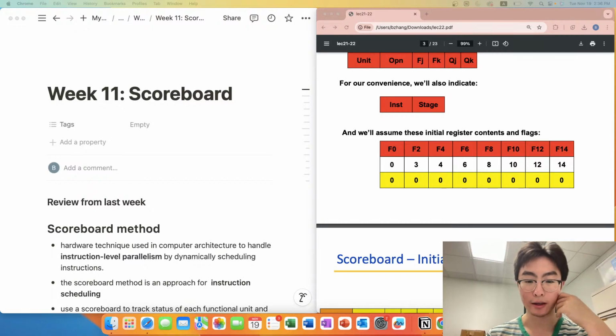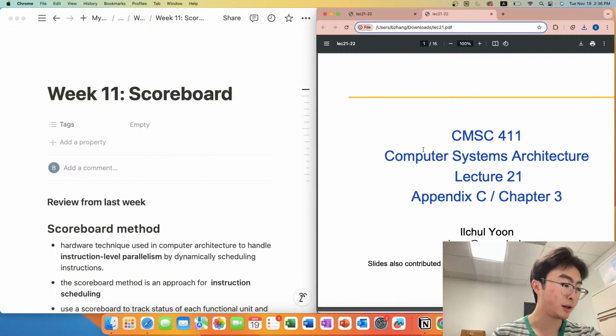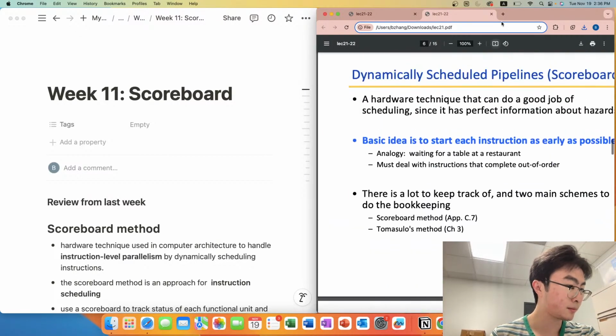There's one slide that I remember gives a brief intro on the new pipeline we're working with, so kind of want to see what that is. Now, here we go. Yeah, the dynamically scheduled pipelines.